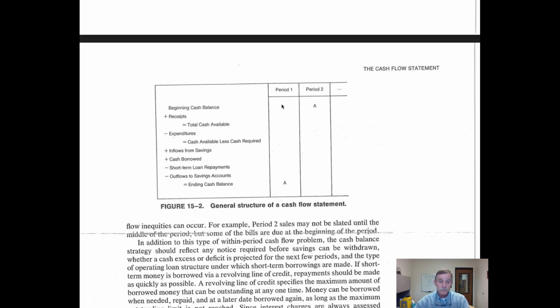So I think it should also be not only your short-term debt, but if you have long-term debt that you have to pay on, okay, those would also show up in your cash flow.